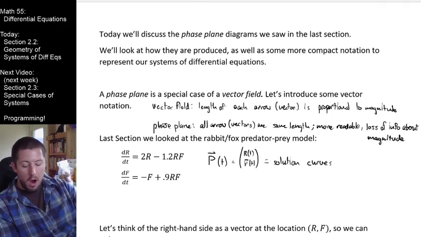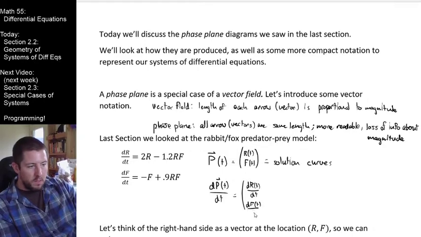If we're thinking about r of t and f of t in that vector form right here, then we should notice that we should be able to write things like the derivative of that vector p with respect to time is the same thing as the derivative of r of t with respect to time and the derivative of f of t with respect to time, which we are writing here as exactly the equations that we can see.